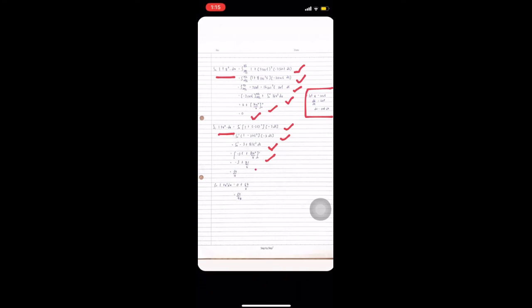We got negative 3 plus 81 over 4. We got the value of 64 over 4. And then we add the values for C1 and C2. So 0 plus 64 over 4, we get 64 over 4. That's the final answer. Thank you.